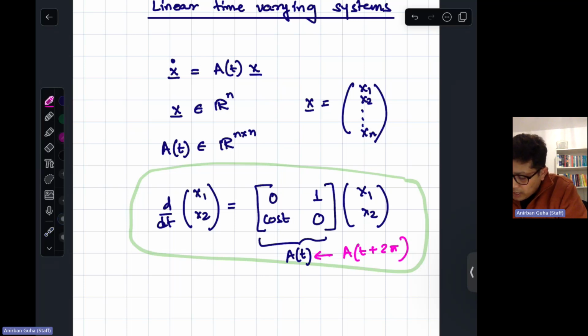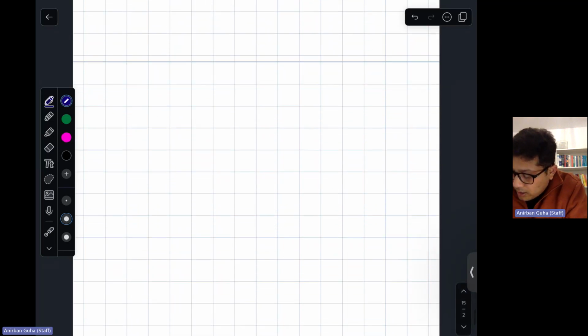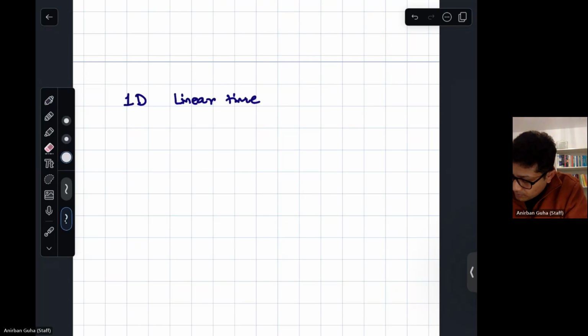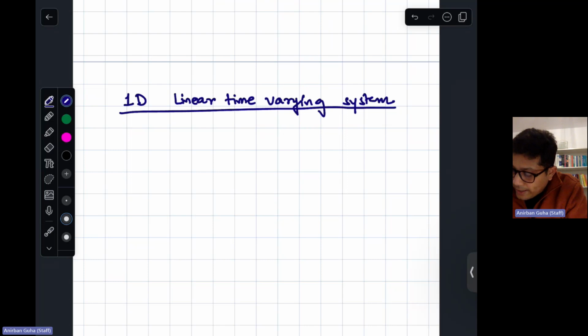So for a start, let's see the 1D linear time varying system. All these systems are linear systems. These are often called LTV systems, right?